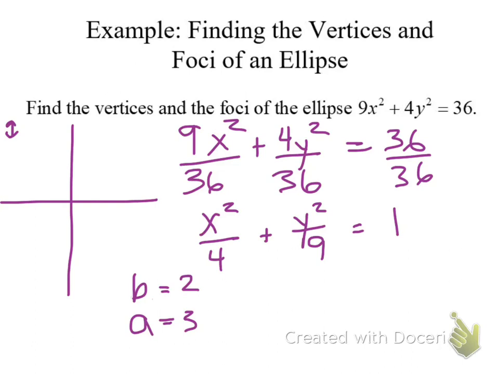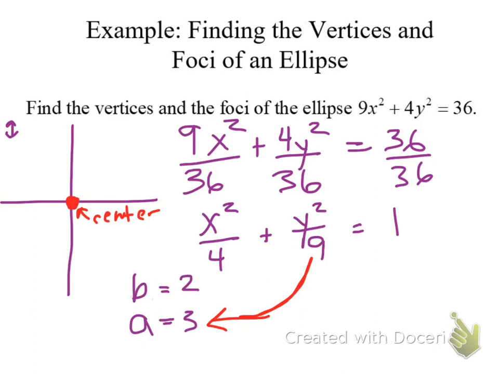But so, what is the center? Well, the center, I don't have any addition inside those two squares. So my center will be at 0, 0. Okay, so I am going up and down because I said, hey, a was 3 because 9 is the bigger of those two values, because they do tend to still put x first out of habit.